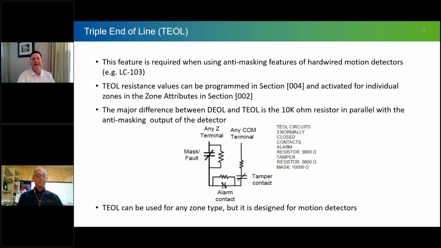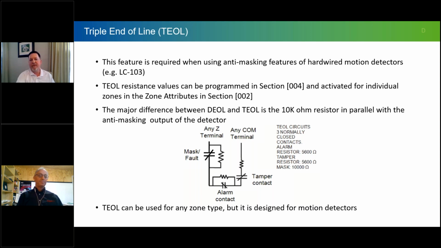Nice segue. So triple end of line is used for anti-masking features on motions and contacts that offer it, where if you cover up a motion or you put a different magnetic field into the contact, it can actually cause a disturbance, and we can set that up with anti-masking.